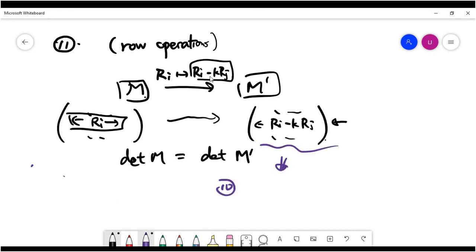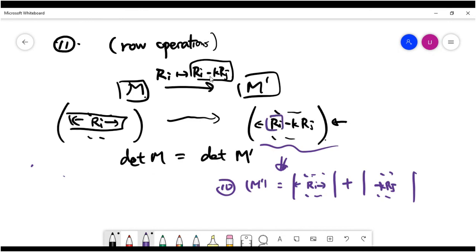Based on the previous property 10, we understand that the determinant of M prime is going to be the sum of the determinants of two different matrices. I can look at it like this, right? That's the first matrix with only the first term, and the second matrix has the second term. In case you forget something about property 10, you can take a look at that again.